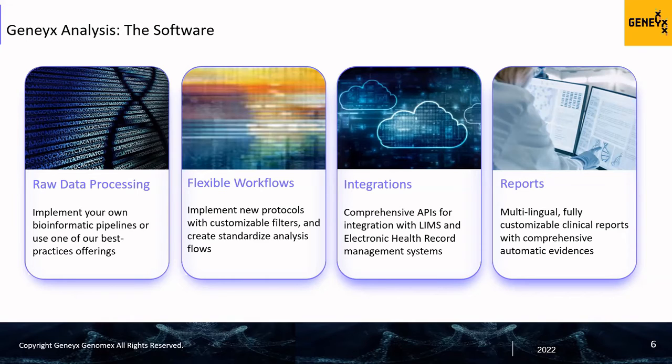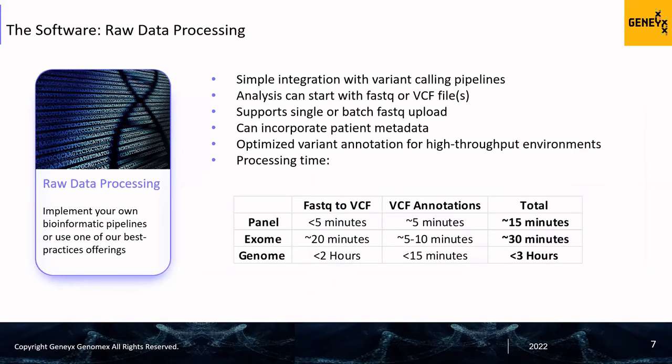To talk a little bit about the raw data processing, we have simple integration with any particular pipeline that you want to run, and you can start with either FASTQ or VCF files. For those interested in large sample workflows, you can also perform a batch upload. Basically, you can run it from a TSV file. Once you start processing, you can close down the application. When you come back, you'll get a notification that the sample is processed, and then you can begin your analysis.